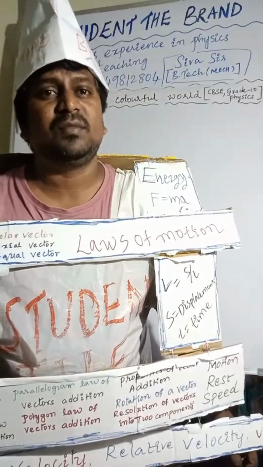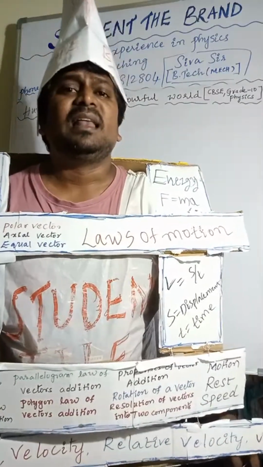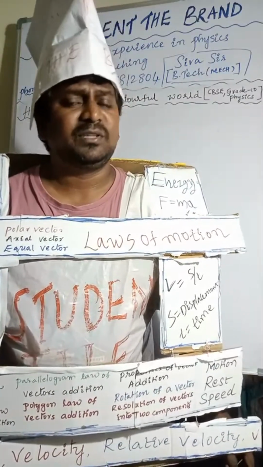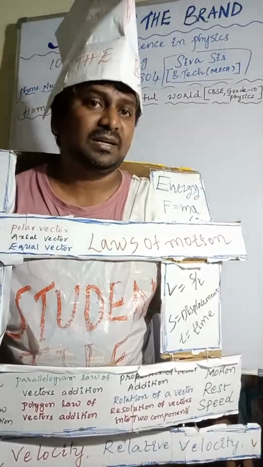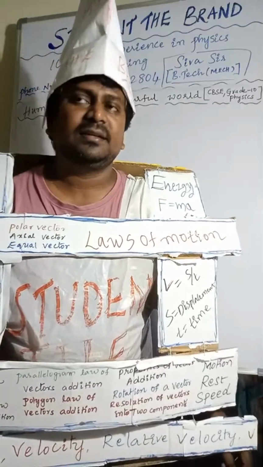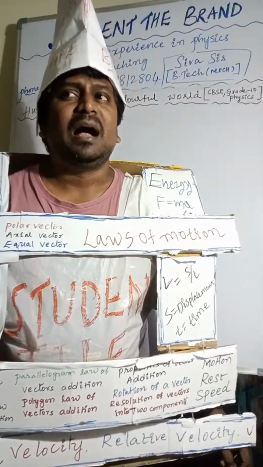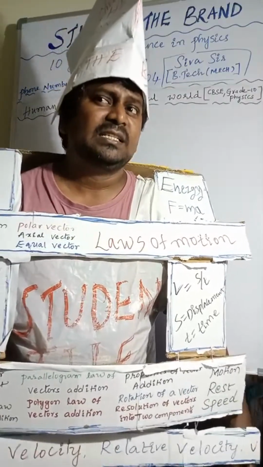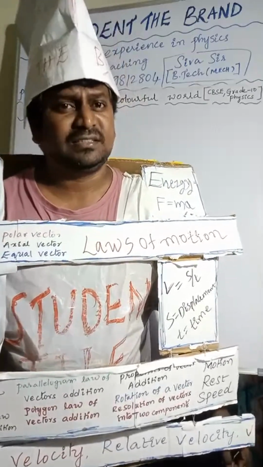Mainly we'll focus on light rays passing through a glass prism, how it happens and what exactly happens, recombination of the spectrum of white light, and rainbow formation by water droplets. After that, scattering of light and Tyndall effect, twinkling of stars, sunrise and sunset. So these are the points we are going to discuss in this class.